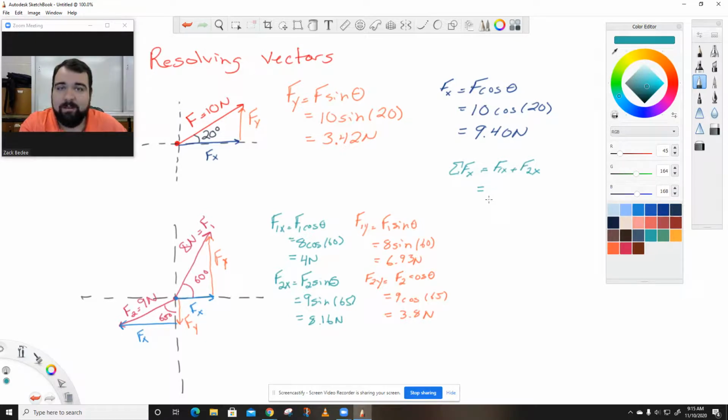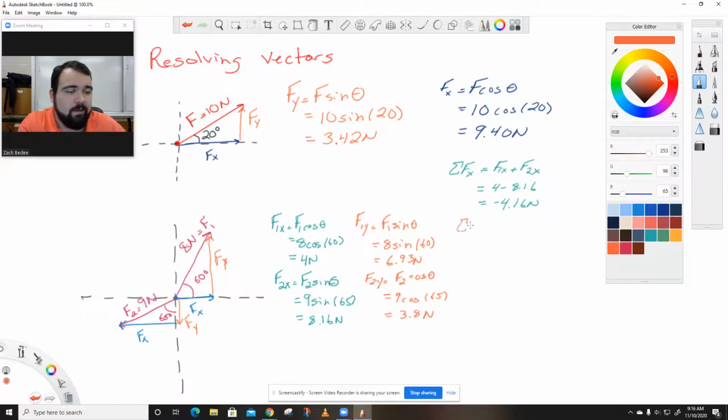So we're going to say anything in the positive x direction is positive x, positive y direction is positive y. So in this one, that means F1x is going to have a positive value, F2x is going to have a negative value. So it's going to be 4 minus the 8.16. So we get a negative 4.16 as our net force in the x direction, which means that our net force just means it's acting to the left overall.